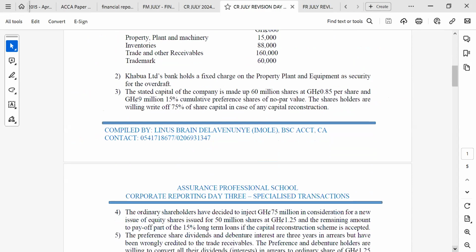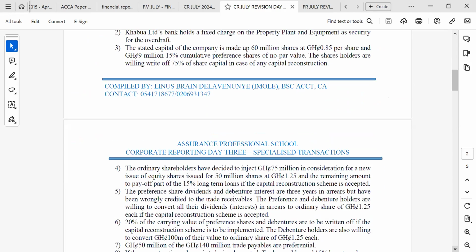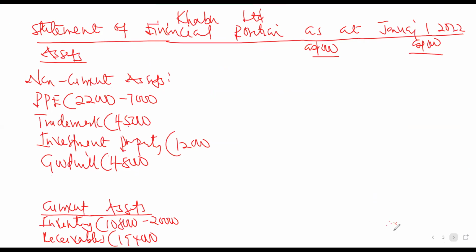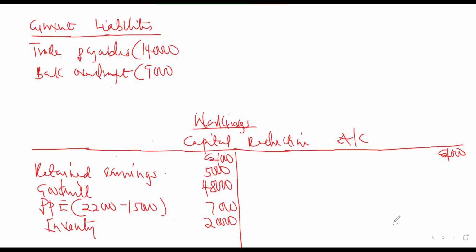Okay. So the preference share dividends and debenture interest are 3 years in arrears, but have been wrongly credited to the trade receivables. The preference and the debenture holders are willing to convert all their dividends or interest in arrears to ordinary share of 1.25 each if the capital reorganization is going to be successful. So this is what we are going to be doing. We have to rectify that particular mistake.